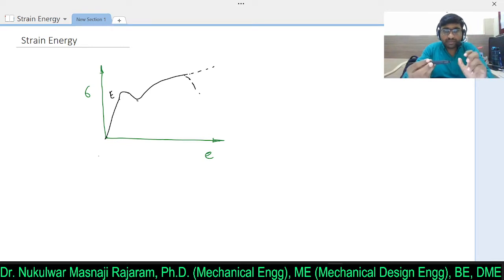It's a simple principle. So when you apply some external load or external work on this specimen, some energy will be stored within this body.